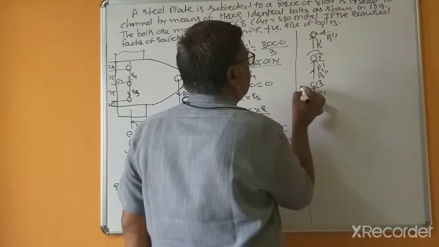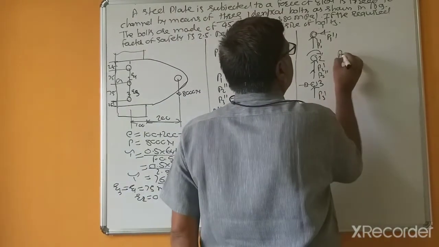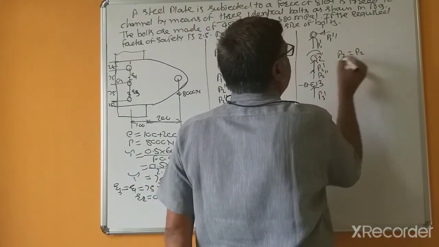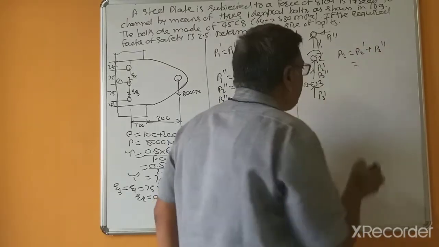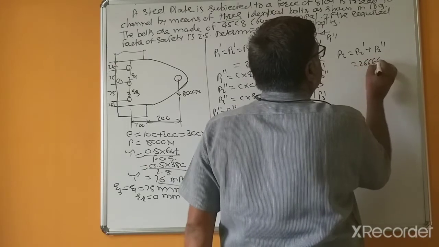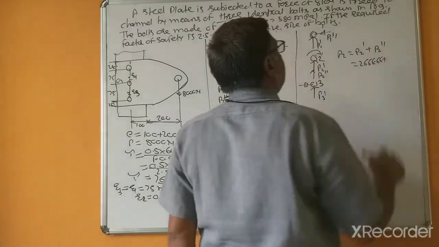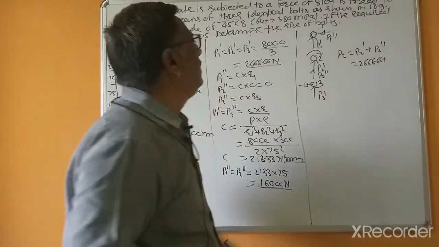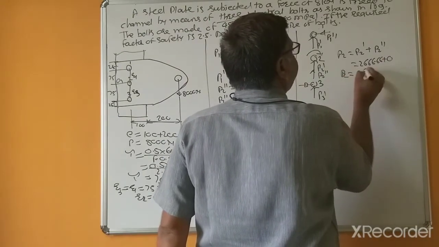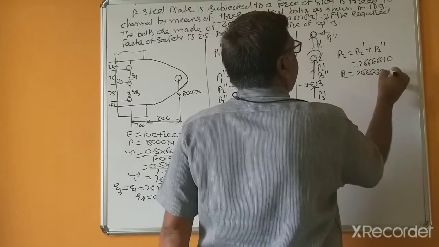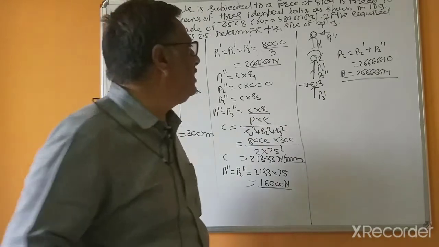P2 equals direct vector addition, and P2 double dash equals 0, so P2 equals only this much. So chances of failure of bolt number 2 are very low.